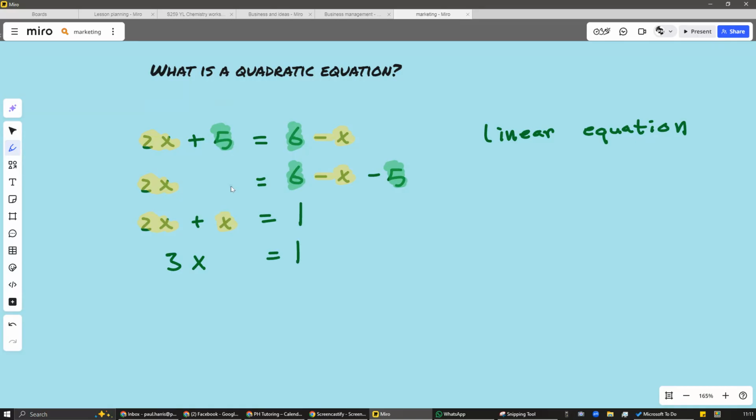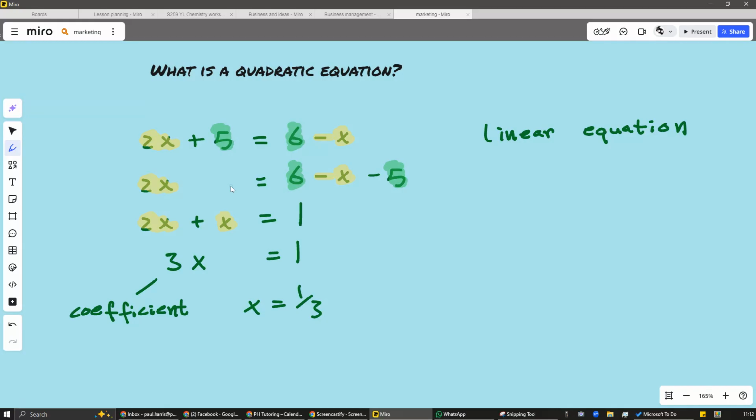So we've collected all the terms, all the x's are on one side, all the numbers are on the other side, and as I said, now what we do is we divide both sides by this number here, which we can call the coefficient. Let's learn some keywords. So we divide it by that, and then we end up with x is equal to 1/3.